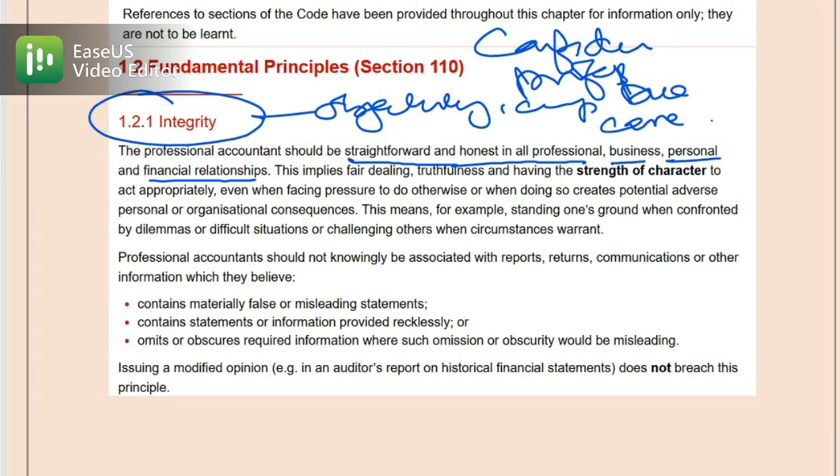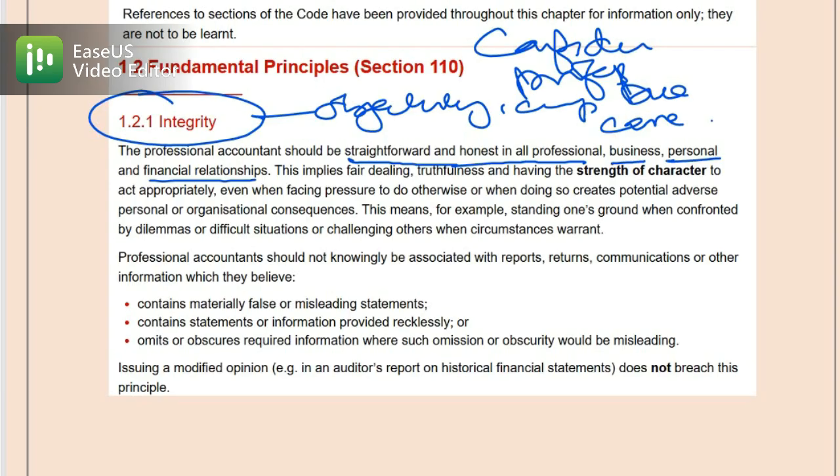But it goes a bit deeper than just don't lie. Integrity means having the strength of character to act appropriately, even when it is difficult, even when there is pressure on you to act otherwise, even when doing the right thing might hurt you personally or professionally.